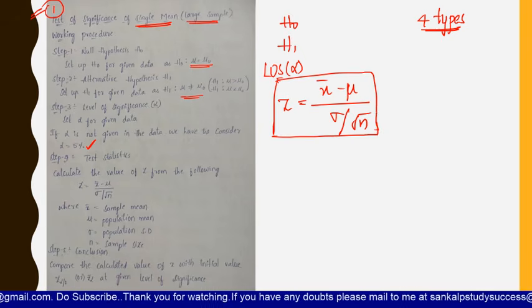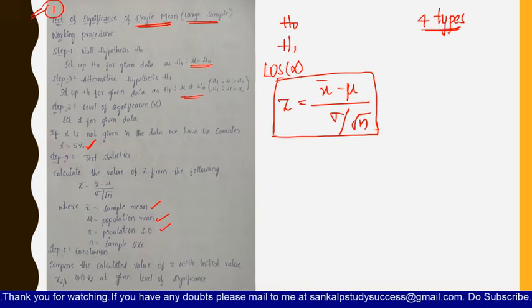Here x bar is the sample mean, mu is the population mean. There is a difference between x bar and mu: it is the sample mean and population mean. Sigma is the population standard deviation, and n is the size of the sample, or sample size. In this way you substitute all the values in the formula, then we get the calculated z value.